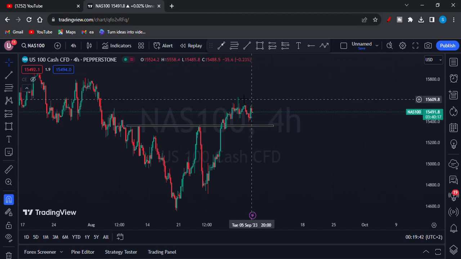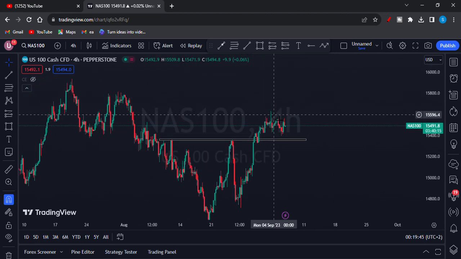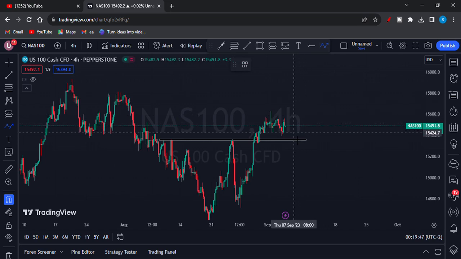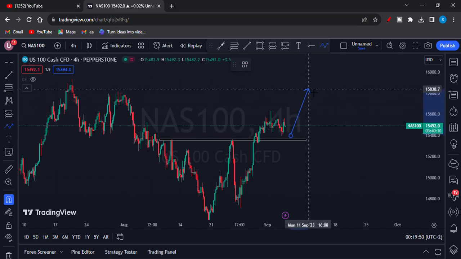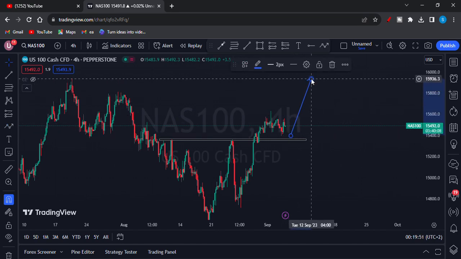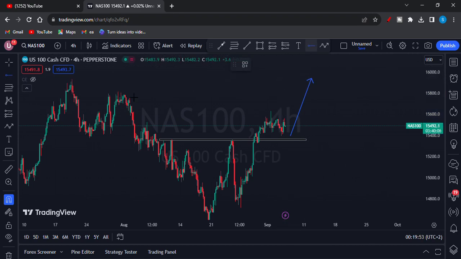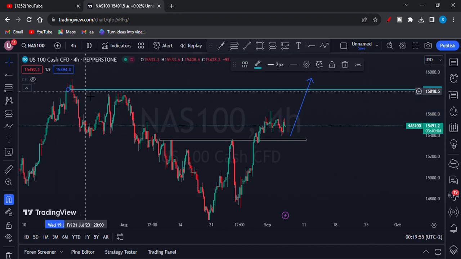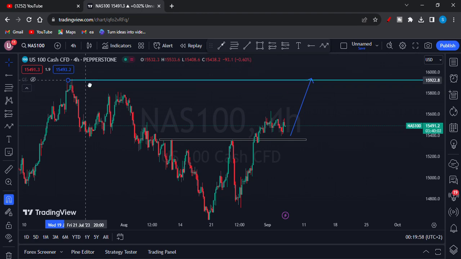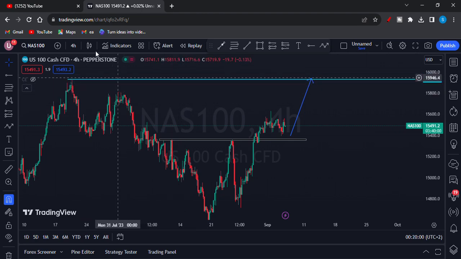What I'm going to expect for now is the market to push all the way out to there, up to there. So let's go to hourly.